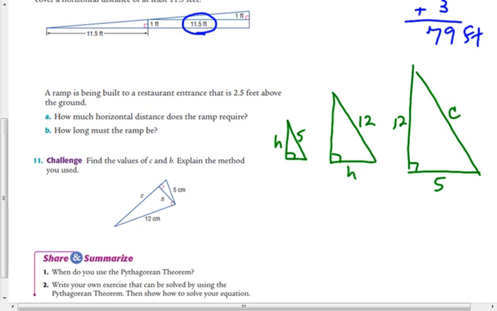And the other thing you might notice is that this angle on the little one and that angle on the biggest one are the same, which means if 2 angles are the same, then the third angle is also the same. So that means those 2 are similar triangles, so the ratio of corresponding parts are equal.